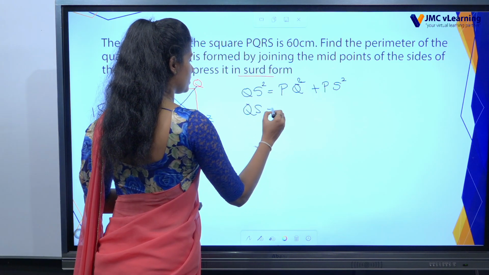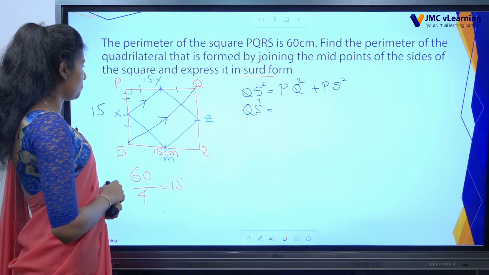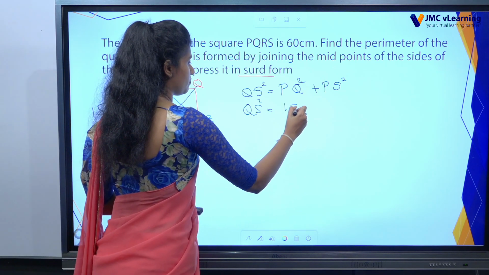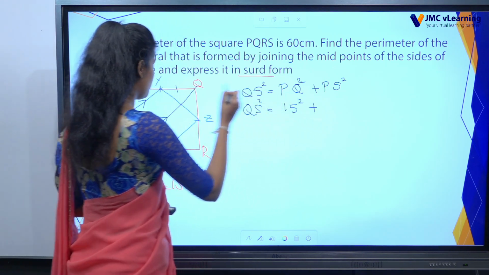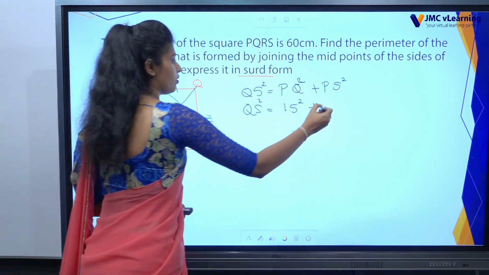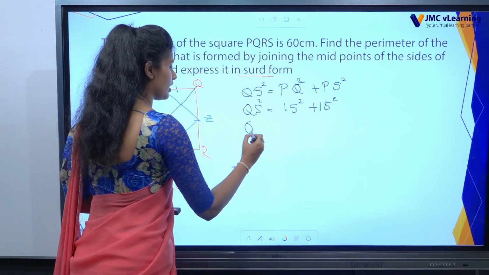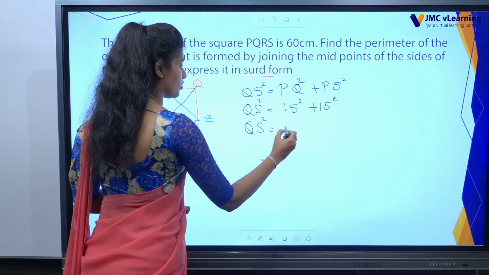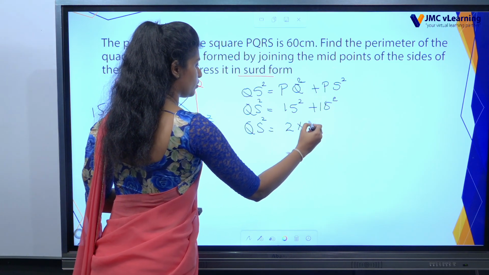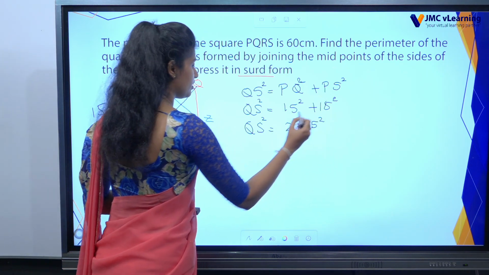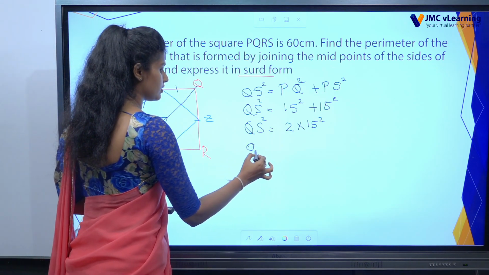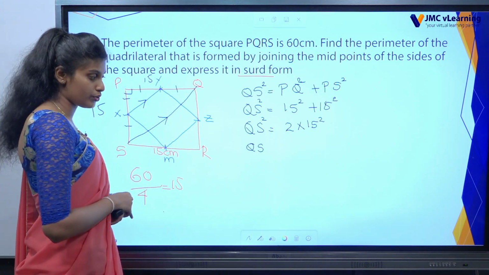Then how much is QS squared? PQ length is 15 squared, then PS is also 15 squared. Then we can write this as 2 into 15 squared. To take the QS length, you have to take the square root of this one.